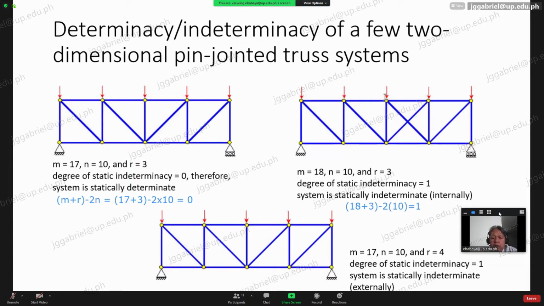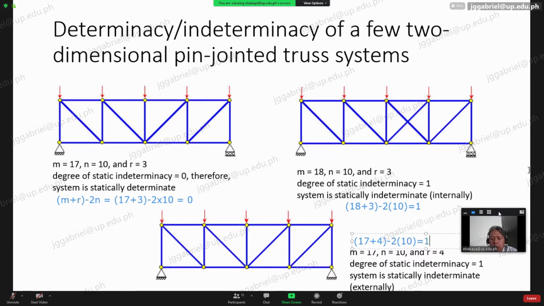Now, the third one, you have the same truss, okay, but you have an additional support in here. So instead of only having three supports, you have four supports. So you'll have here 17 plus 4, okay, minus 2 times 10.